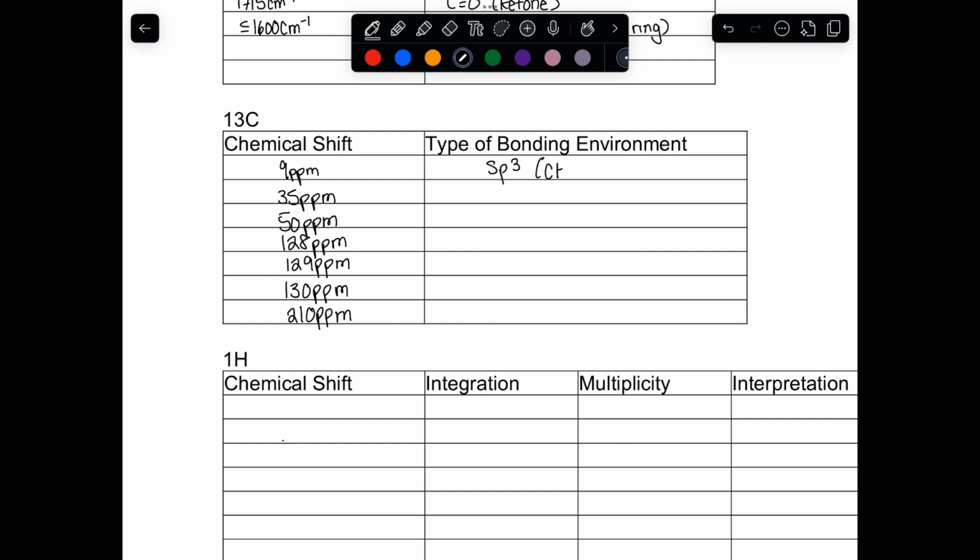The final four, 128, 129, 130, and 210 parts per million, are within the sp2 region, with the 128, 129, and 130 parts per million being part of the benzene ring, and the 210 parts per million being part of the carbon double bond. And here's me just describing that those 3 sp2 bonding environments belong to the benzene ring, and the final one belongs to the ketone.